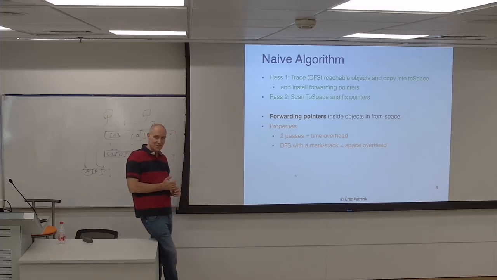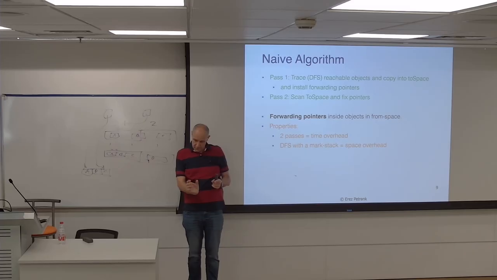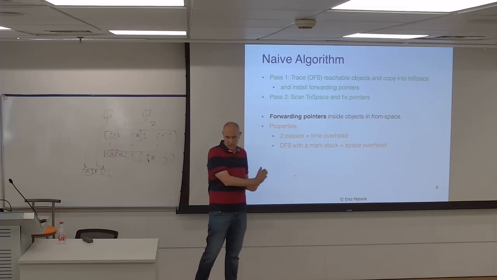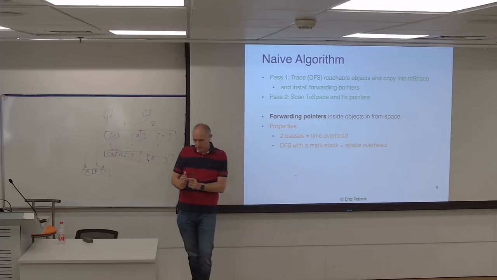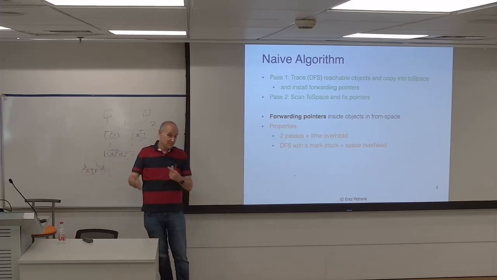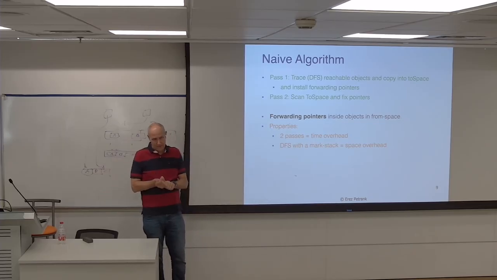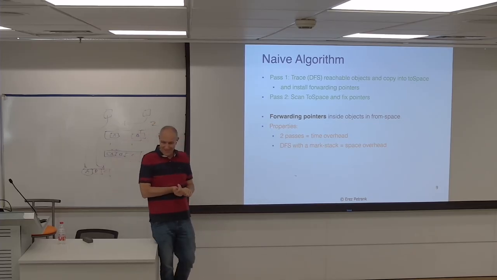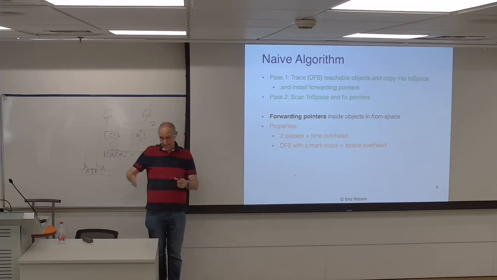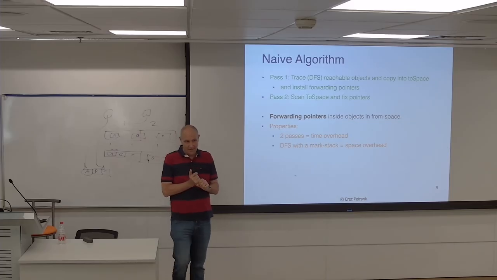It's correct, but usually in real systems, you work for a long while, then you do a garbage collection, and then you work for a long while. You don't want to put an overhead on your regular program work because eventually this makes the entire run longer. Interesting idea, but in practice, we will not want to extend the regular work in order to save on the garbage collection work.